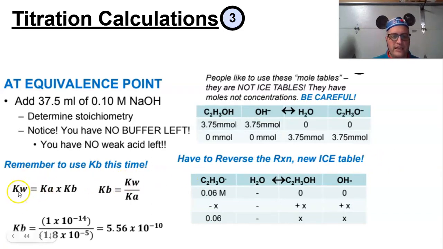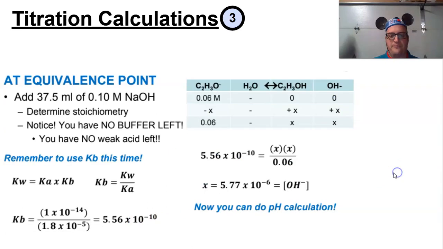Remember, in order to get our Kb, it's 1 times 10 to the negative 14th divided by what we've already been provided. This is where our Kb is super small. That's why you can see we can drop the X entirely, because this is way tiny. So our Kb value is equal to X squared over our conjugate base concentration.